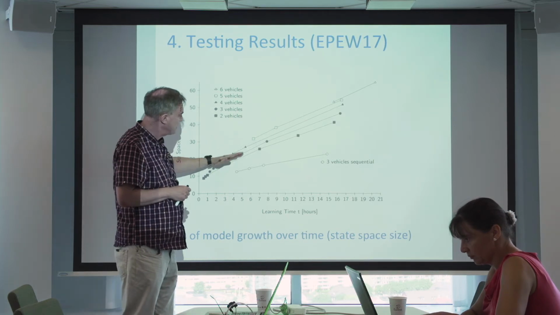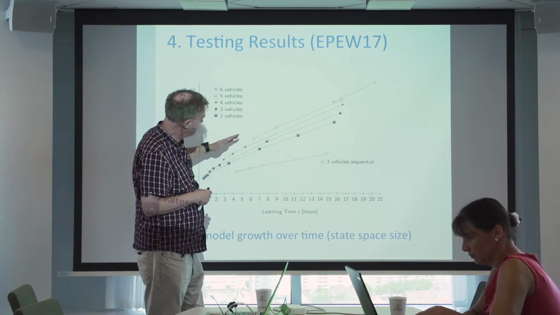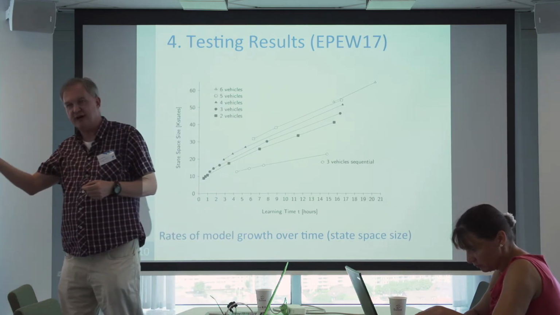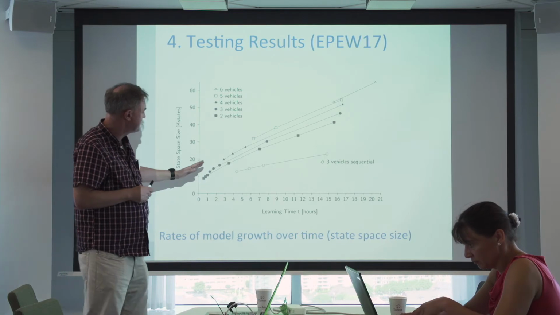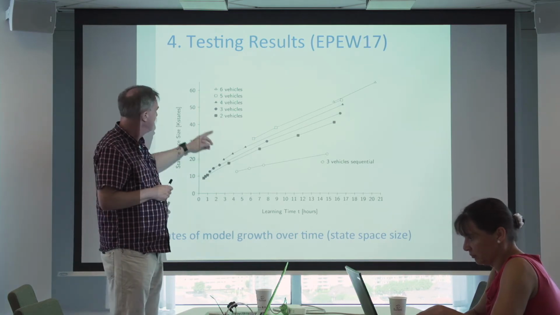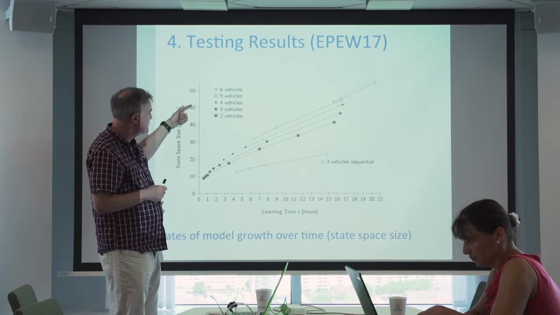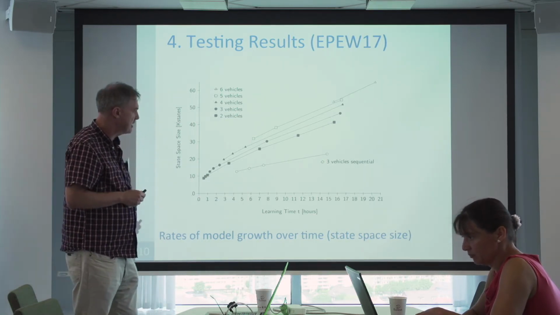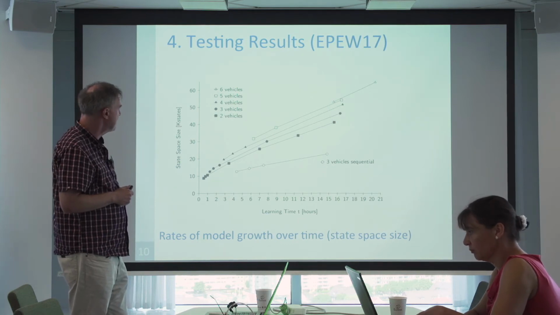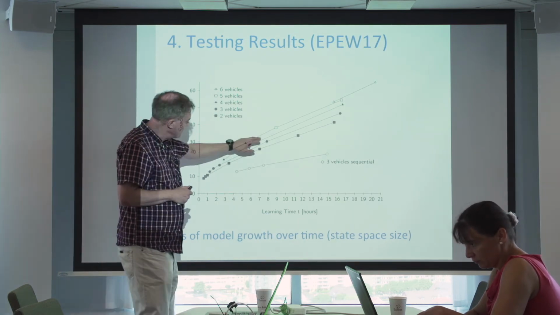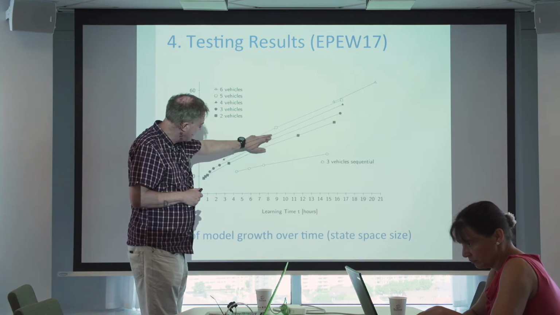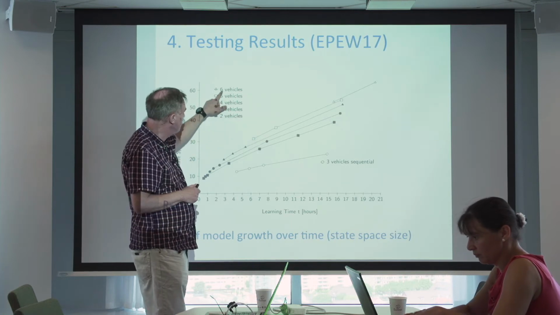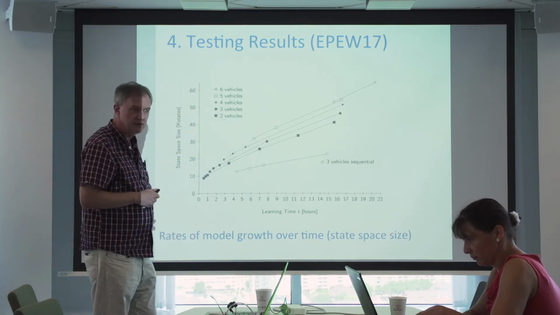What's nice about these curves is that they're neither exponentially blowing up that way nor dying out that way, okay? So you can see that we're making steady progress, at least in terms of state space size. These are hours of course, we're talking about big data sets here, so they do take hours to run. What's also nice is that there's more or less a constant increase in the gaps, so it's not like the analysis is blowing up in the number of vehicles in the platoon.